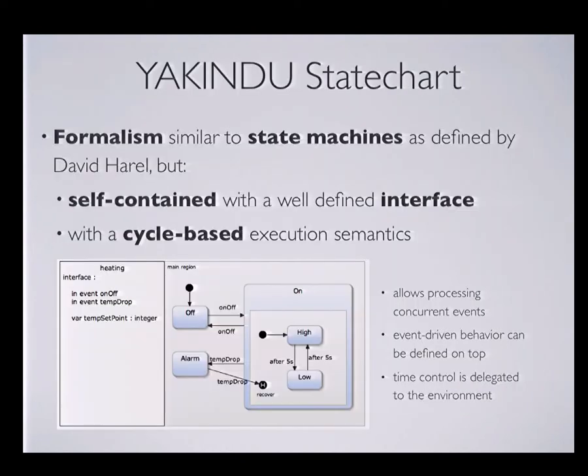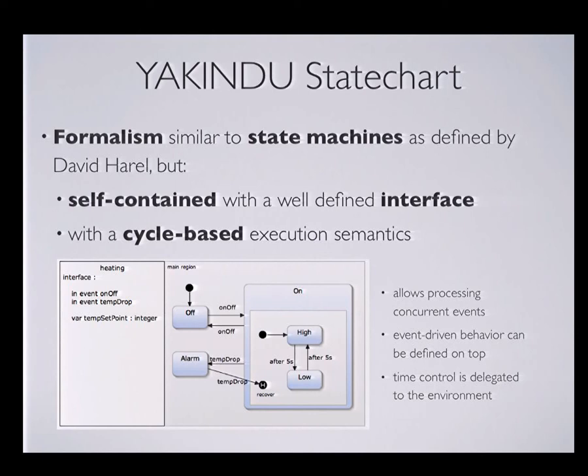What we regard as a Statechart is similar to what David Harel once defined as his state machine formalism. It's just a little bit different in the sense that as we expect the tooling to be self-contained, we also expect the Statechart formalism that we have to be self-contained. So our Statecharts are actually equipped with an interface. You can see that on the left here.